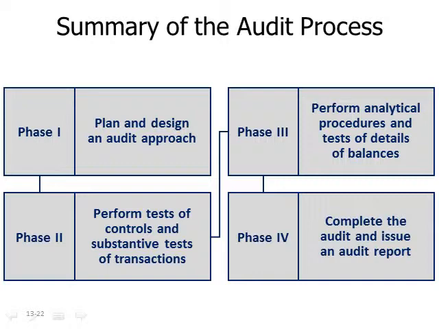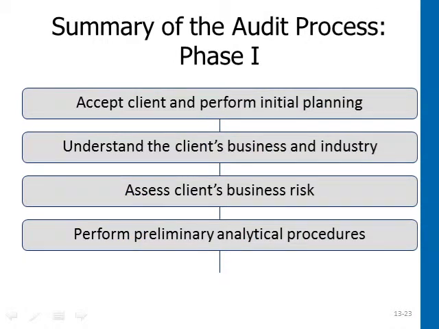And along with that understanding, we also assessed our inherent risk and determined what an acceptable audit risk was. In phase 3, we perform analytical procedures and tests of details of balances, that is generally balance sheet accounts, and in phase 4, we complete the audit and issue an audit report. And this is just meant as a summary of the audit process and the important steps in it.